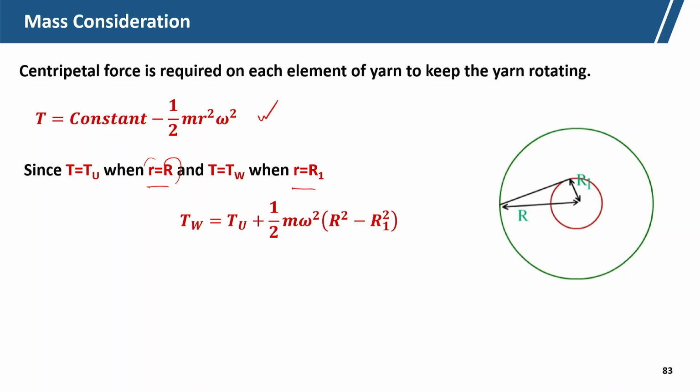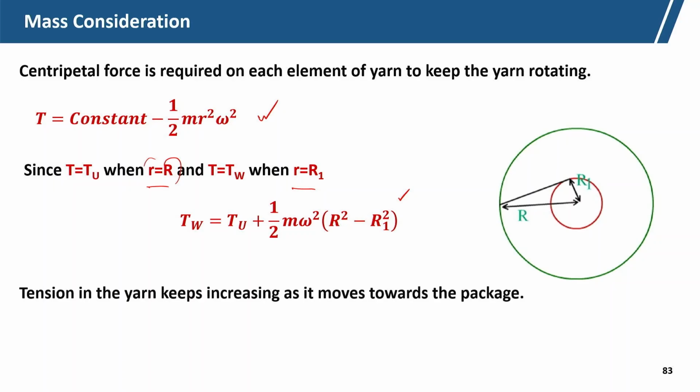That means T w will be T u plus half m omega square times R square minus r 1 square. So, we can get that from this relationship. The tension in the ion keeps increasing as it moves towards the package.